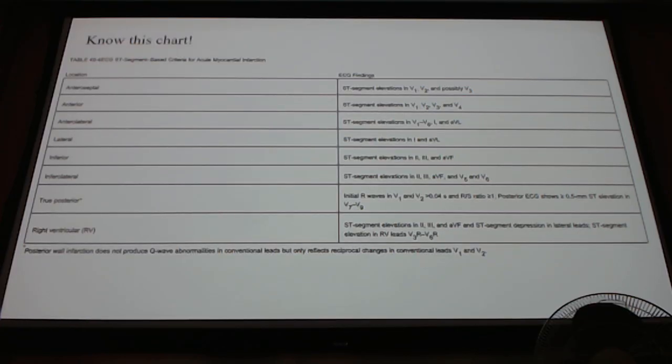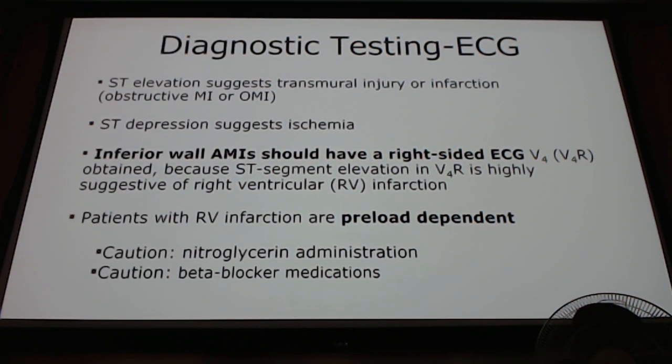Here's what we had on that picture earlier. It's important, and I think you guys know it already, which leads are associated with which lesion, so I won't continue to beat that dead horse. Things to consider on the EKG, which we talked about: inferior wall MIs, we should get that right-sided EKG. And if it's a right ventricular infarction, they're preload dependent, so we don't use nitroglycerin on those, or we use caution.